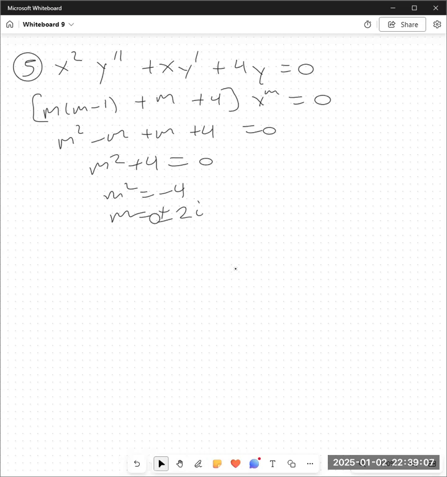We have a 0 real part. So our form for complex is going to be, when we have m equals alpha plus or minus beta i, x to the alpha times c1 cosine of beta ln x plus c2 sine of beta ln x.